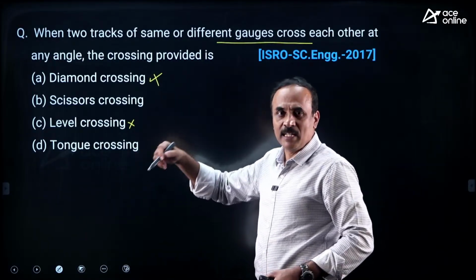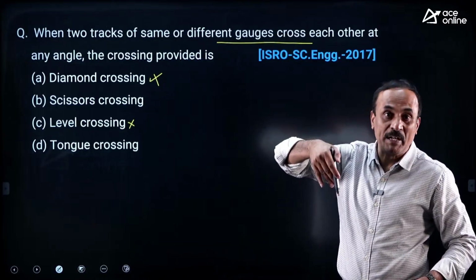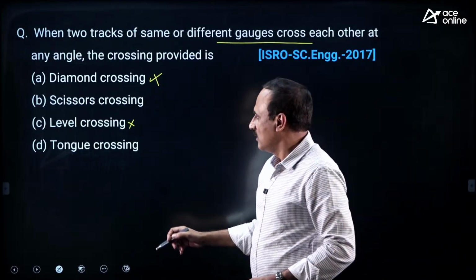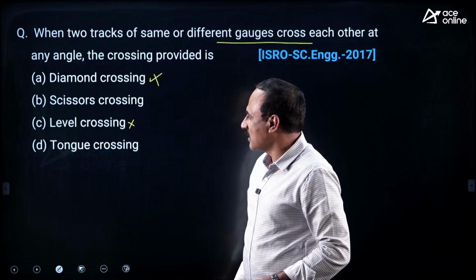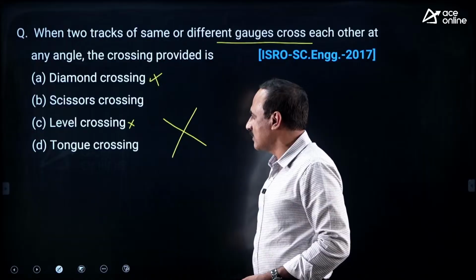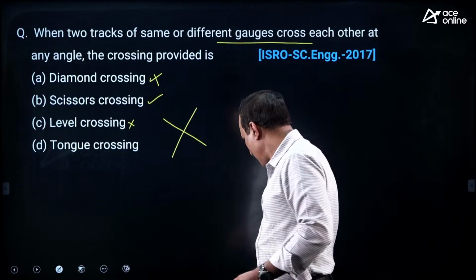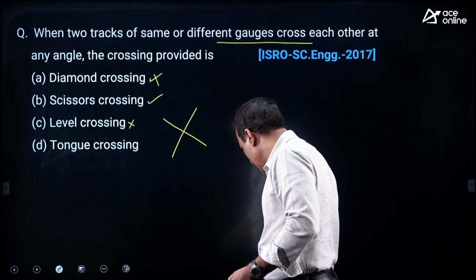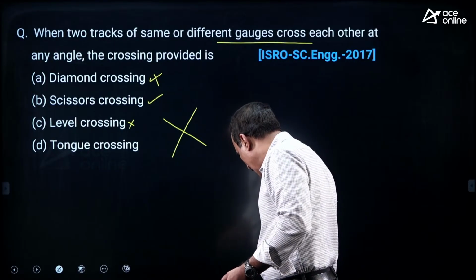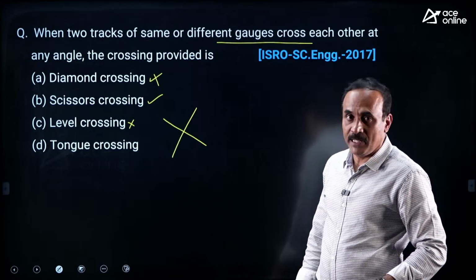Level crossing is nothing but crossing of a road with a railway track. Scissors crossing and tongue crossing. With any angle we generally call it a scissors crossing. Answer is already given, Arvind has given it already. Even Hanif also gave the answer as option B. Perfect.